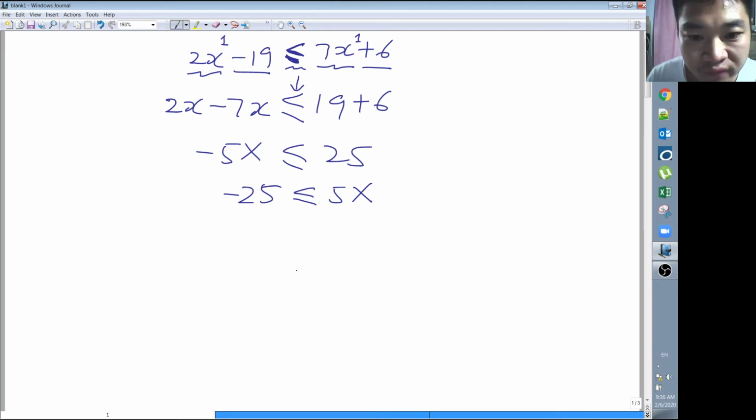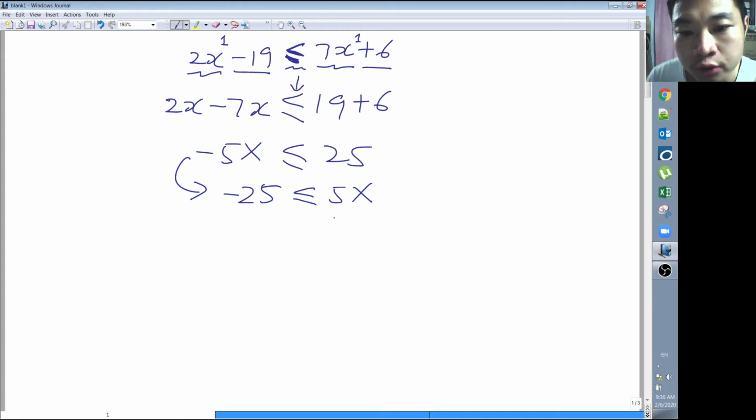With this, I managed to transform my inequality without changing any value. So this is also one technique in math: change your inequality into another format without changing the value.